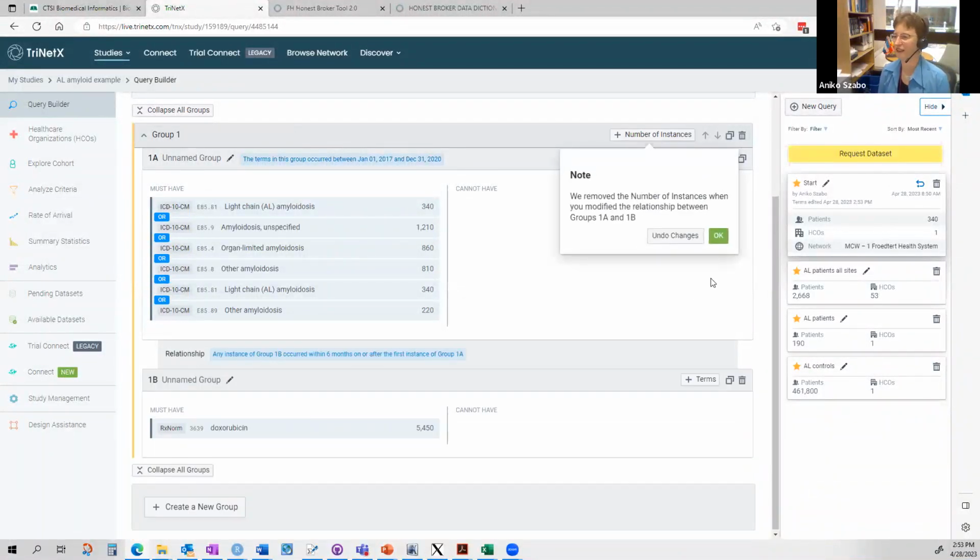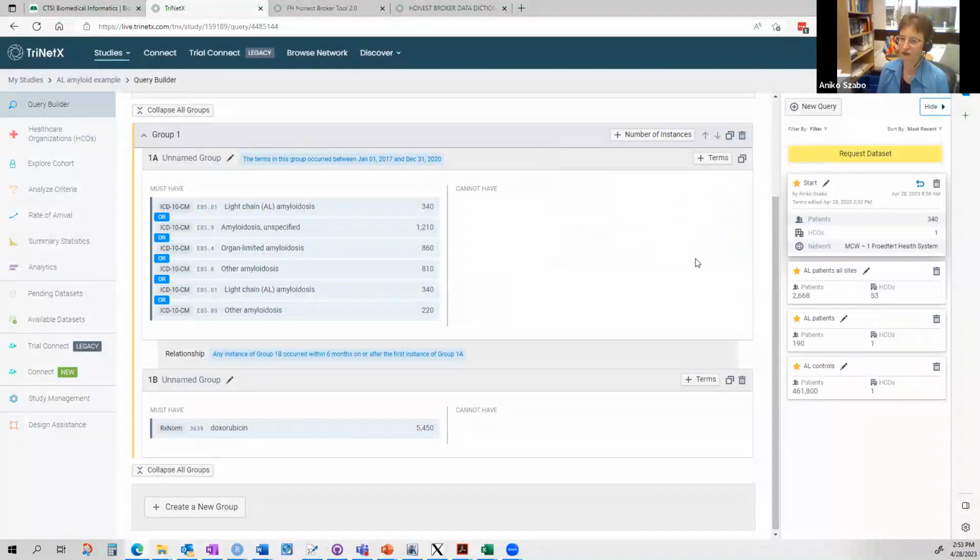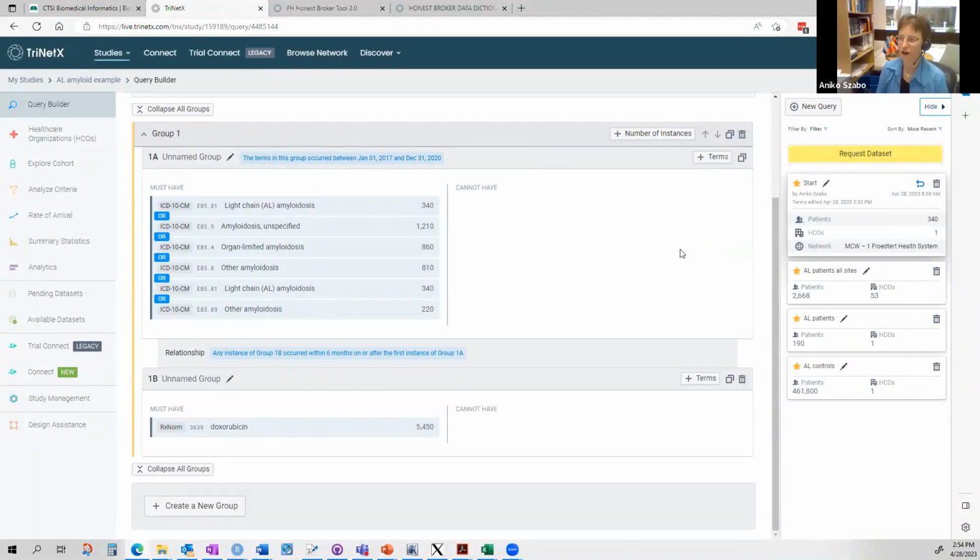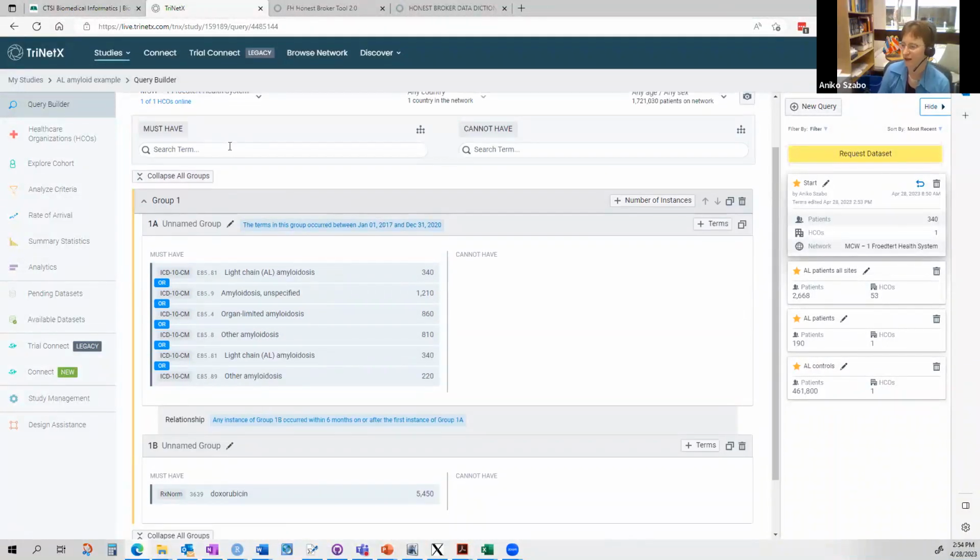So I can do a lot of this building of cohorts in this database. And again, it really helps with the codes. If you start searching for something here, it will show all kinds of codes that you could be thinking about.